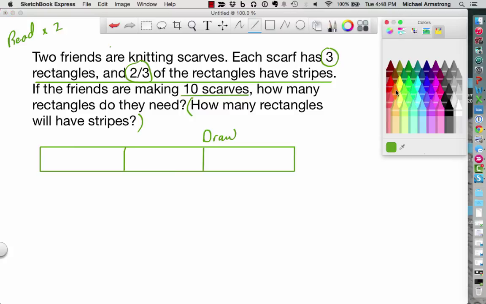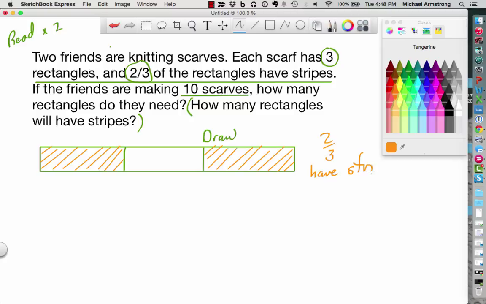Each scarf has 3 rectangles, and 2/3 of the rectangles have stripes. That means that if we just want to draw, 2 out of 3 of them have stripes. And if I were making a scarf, I might put the one on one end with stripes and put the one on the next end with stripes. So that's 2 out of 3 have stripes. Okay.